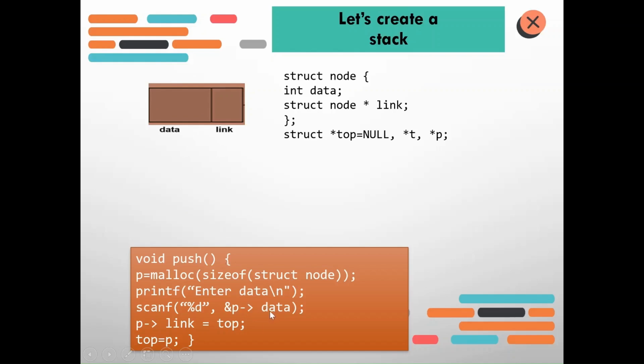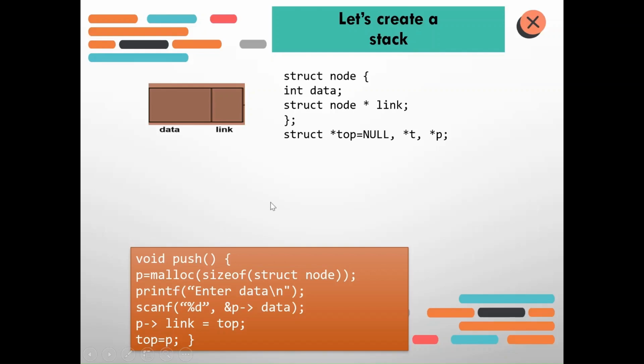So the data part would be filled with the value that would be entered by the user, and the link part would be storing top. Now what is the top here? Top is null. So in case of this example, the link part would be storing null, right? But the top would now be assigned a value of P.